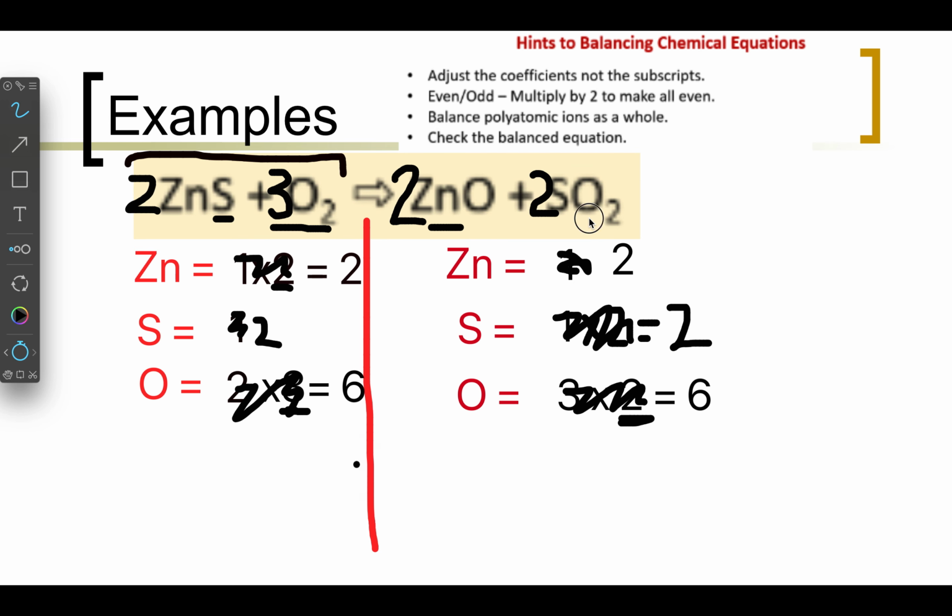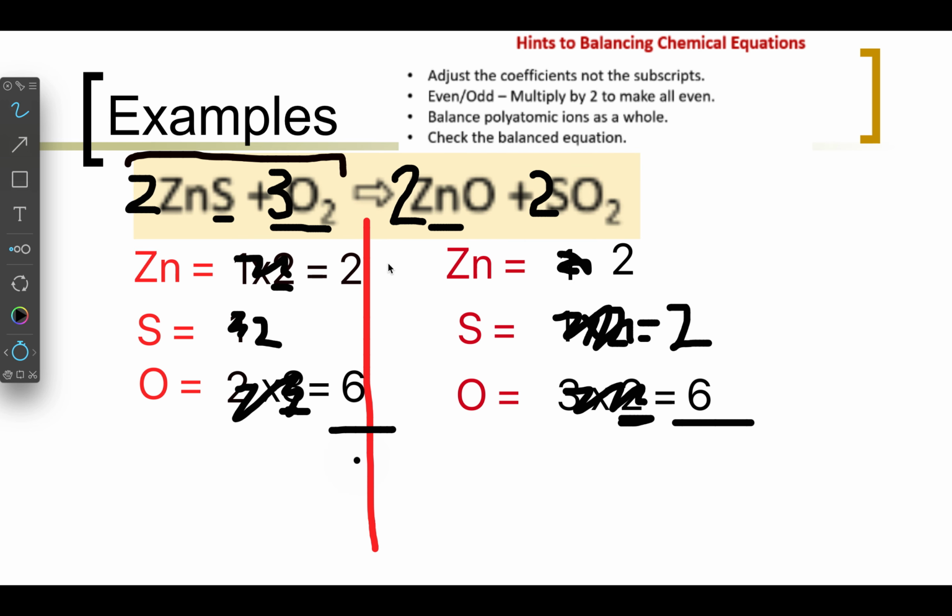Oh, maybe we're good to go. Maybe I messed up earlier. Okay, in any case, we now have 6 oxygen, right? So is everything equal? I messed up a little bit earlier, but it all worked out.